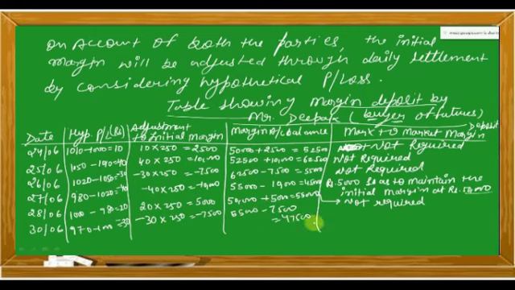So there is a requirement of 2,500 so as to maintain the initial margin at rupees 50,000. So this is how we do the mark to market margin deposit calculations.